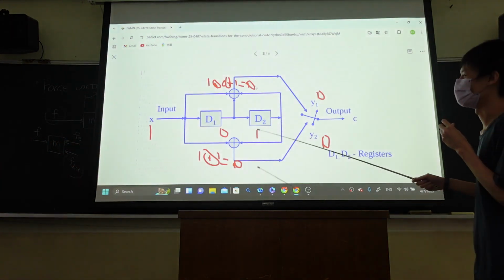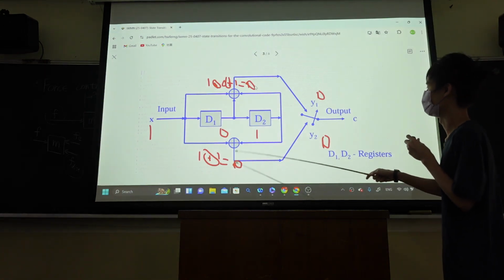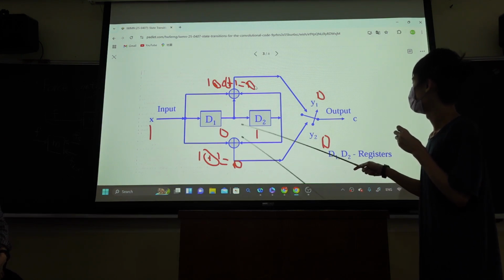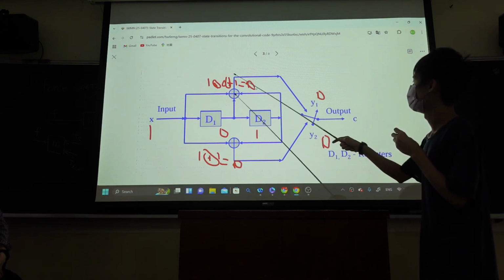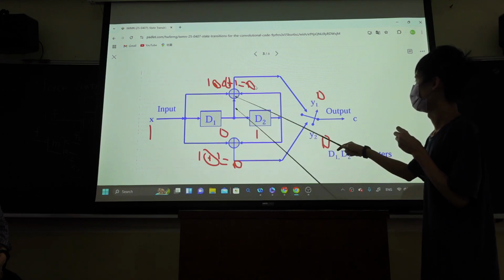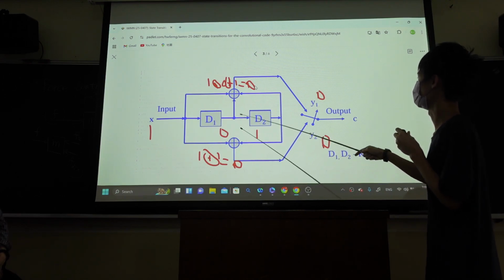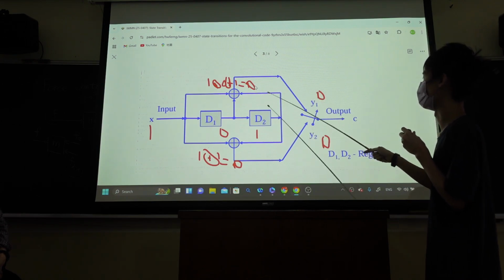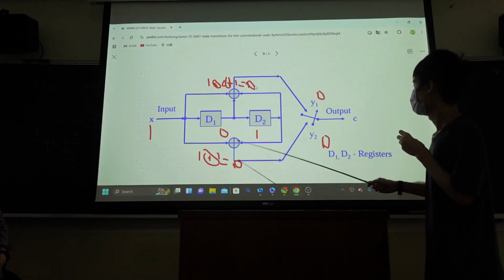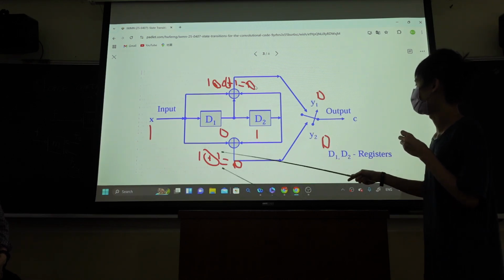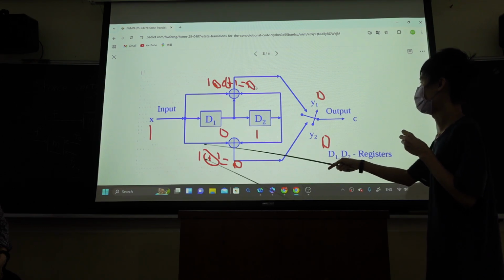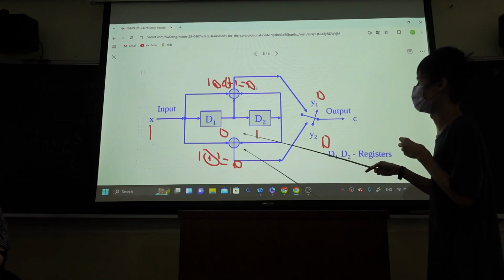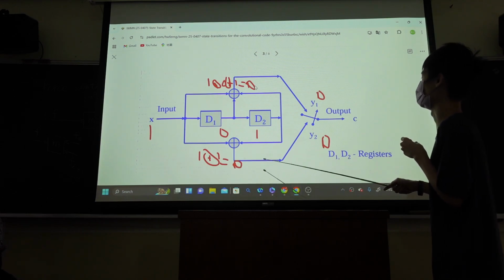So we have the original state of 0 and 1, right? And the input is 1. So the y1 is x XOR d1 XOR d2. So it's 0 because it's XOR and our q1, so it's 0. And the y2, the output, is just x XOR d2. And the result, because it is also q1, is also 0.